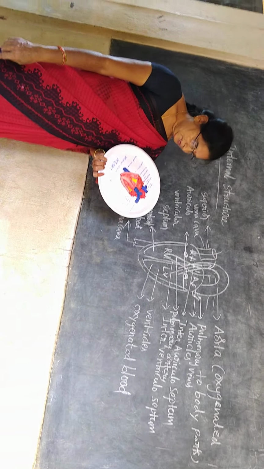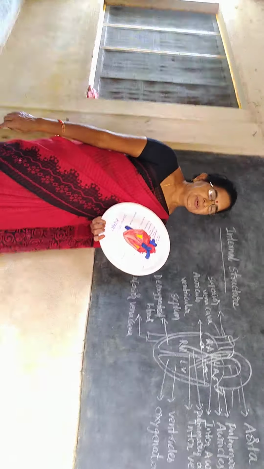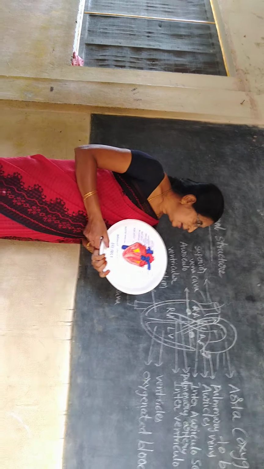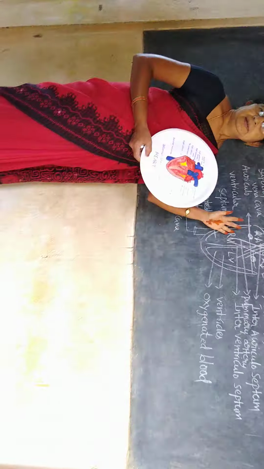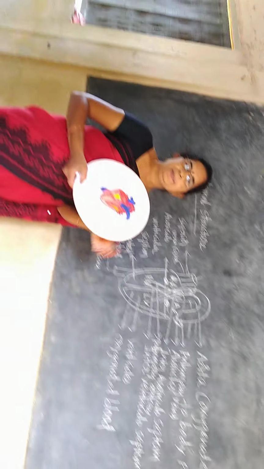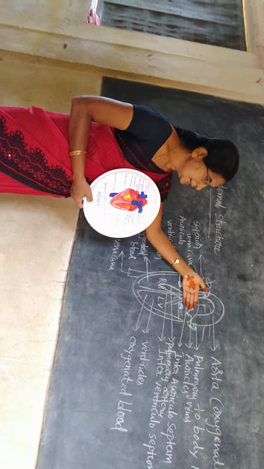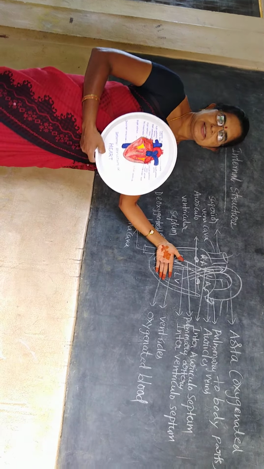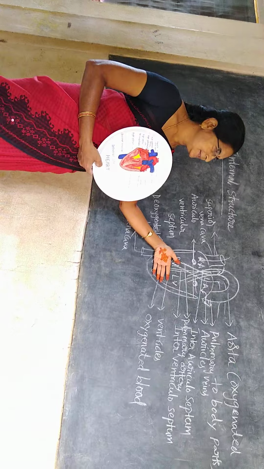Now, again we will discuss the internal structure. Our heart is divided into four chambers. The upper chambers are called auricles. Lower chambers are called ventricles.